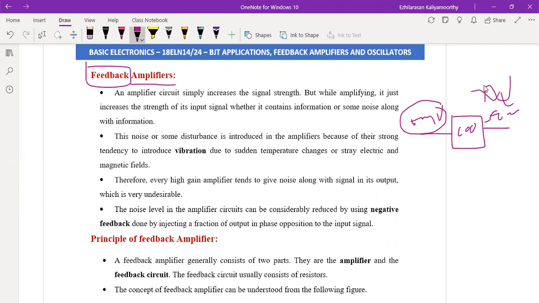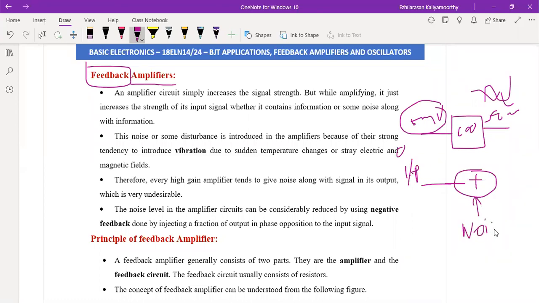Because normally in any communication line, along with the input signal, noise will be added. Say, for example, this is your input signal. When I go through the communication medium, it will normally add noise.